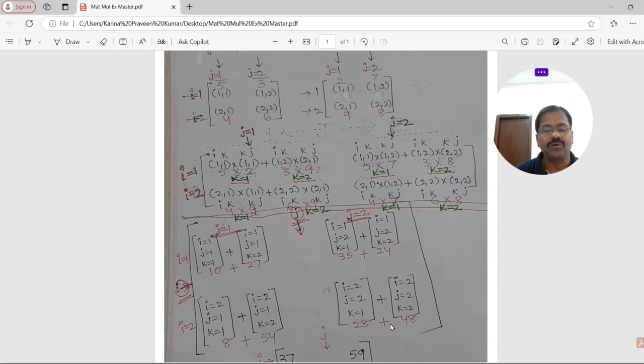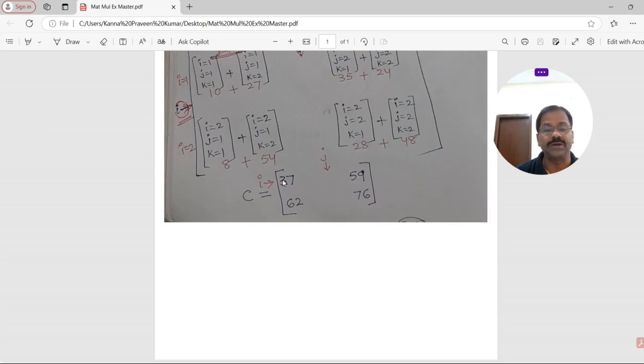Okay, so total answer, you see here, result matrix, A into B matrix, result is in C, ith row and jth column. Here, for the multiplication of 2 by 2 matrix, A is 2 by 2, B is 2 by 2. So, our result is also 2 by 2 matrix.